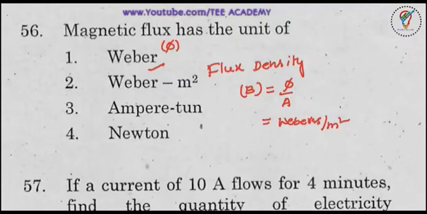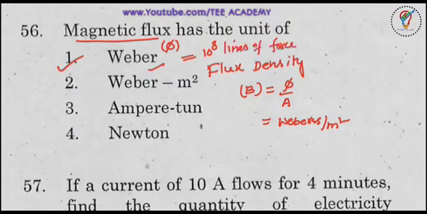The magnetic flux has the unit of Weber. Or it has another meaning: 10 power 8 lines of force. So a magnetic flux means 10 power 8 lines of force, or it has units of Webers. Next question, we will move here.